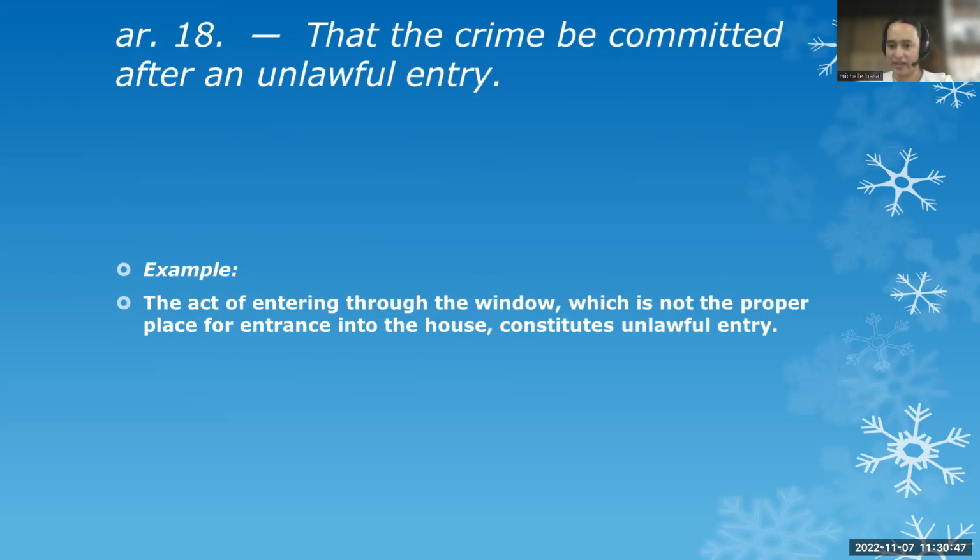Diri man tiya aragian. So by using the window to enter the dwelling place, it could already be considered as an aggravating circumstance, and it could result in the increase of the penalties that the offender can suffer.